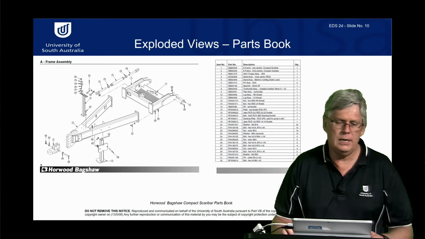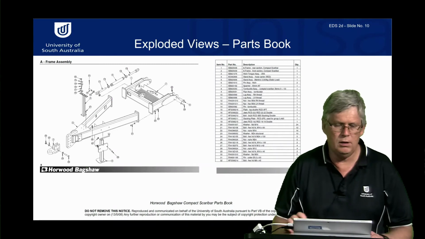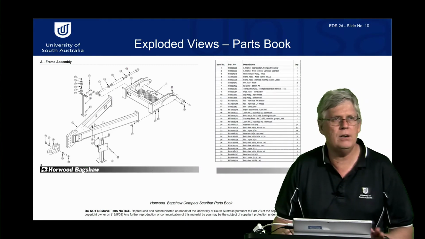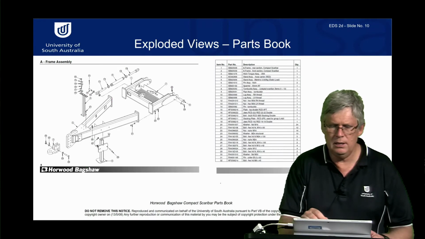So we can also take these assemblies and use this for parts books. Here's an exploded view. It's the front of a scuffler bar, part of a cultivator, and then we use the same bill of materials to show the items here.